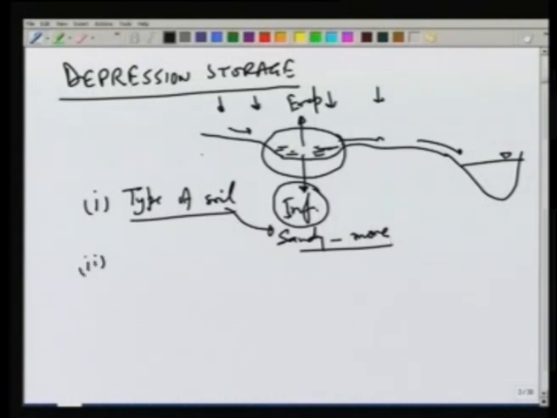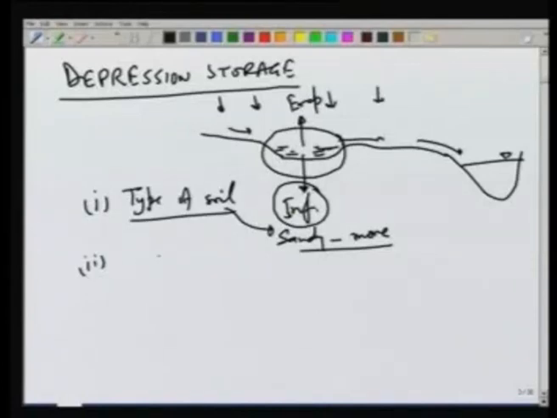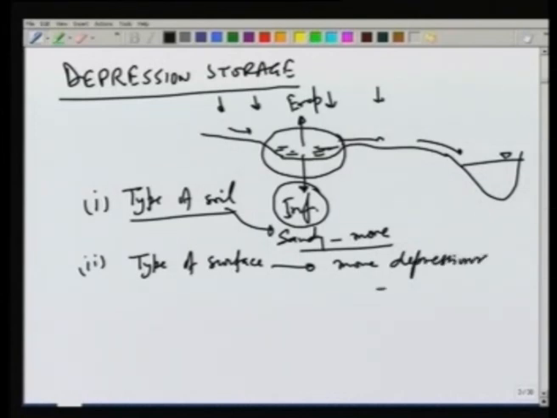Of course, the ground surface is important, because if there are more depressions, then there will be more depression storage. So, type of surface, more depressions typically would mean more loss.